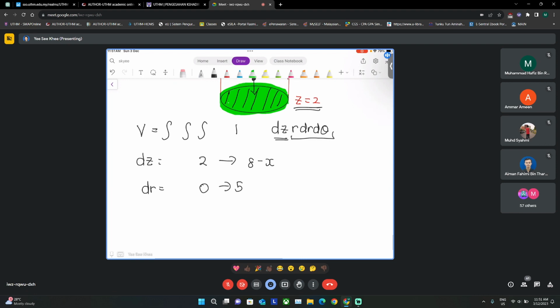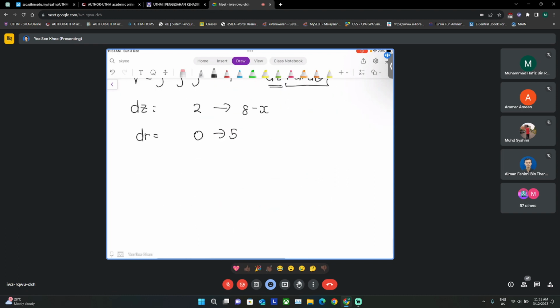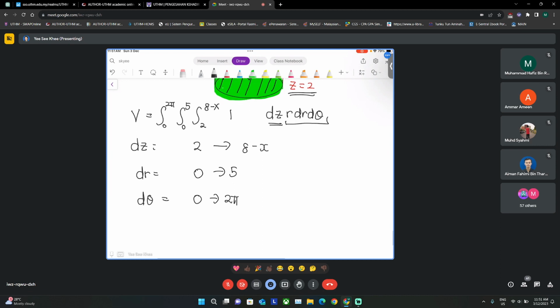Why is it 5? It is here, 5. And it's a complete circle, so d theta is 0 to 2 pi. So you put in here 8 minus x, 0 to 5, 0 to 2 pi. Done. You have defined all the intervals.